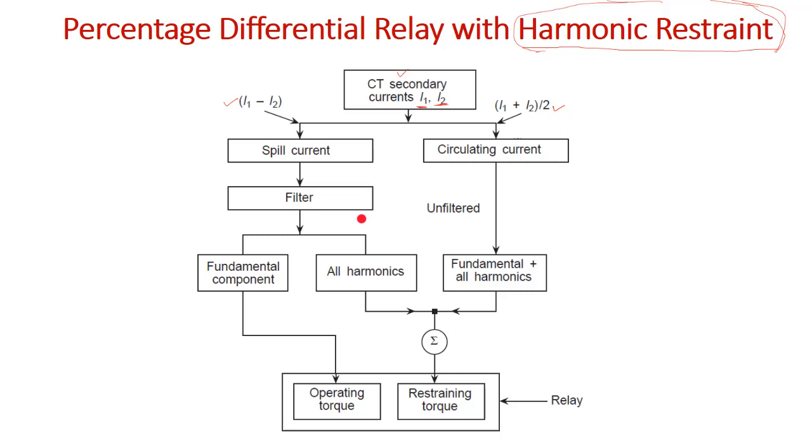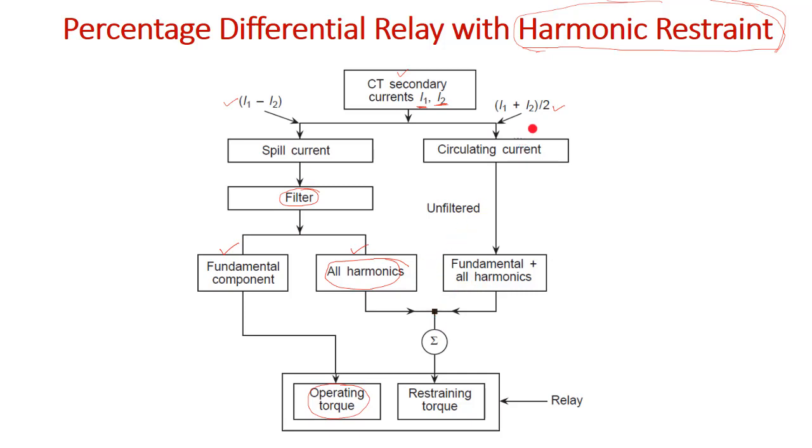Now if we design a filter in the spill path that can segregate the fundamental component and all harmonic components, then the fundamental component will pass through the operating coil to provide the operating torque, and the harmonic content will be fed to the restraining coil.